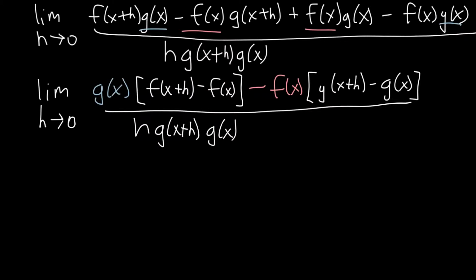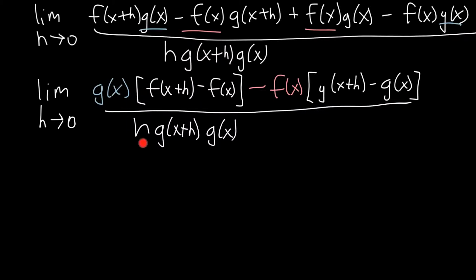So here we have our original limit, and we see that there's a g of x and a g of x in common with both of those terms, so we factored out g of x, and we're left with f of x plus h minus f of x. Similarly, for both of these terms, we can see there's an f of x in common, and so we factor out a negative f of x, which gives us g of x plus h minus g of x.